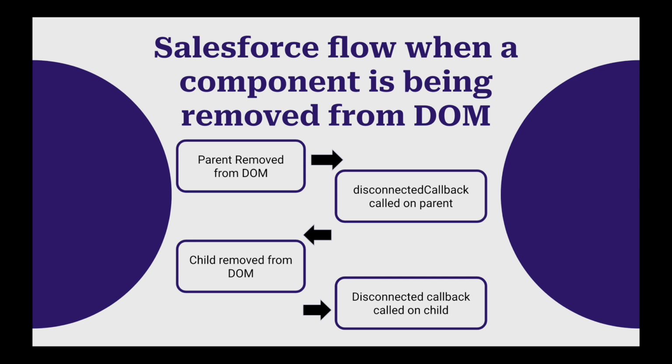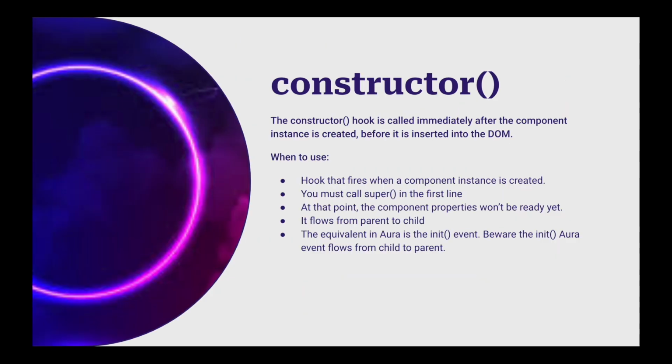So if you are asked a question that you have two components, the parent component and child component, on which the disconnectedCallback will be called first, you can say it will be called first on the parent and then on the child. So let's move on. Now we'll be discussing each lifecycle hook in detail.